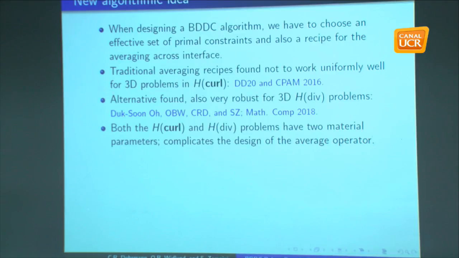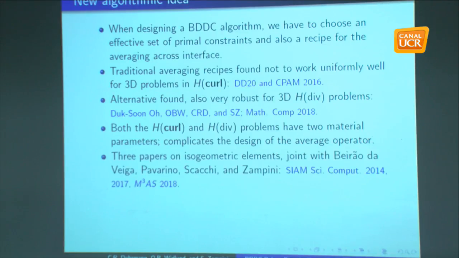What happened was that when we looked at H-curl and H2 problems, we have two material sets of parameters, and we found a way of dealing with that by doing the Deluxe scaling.